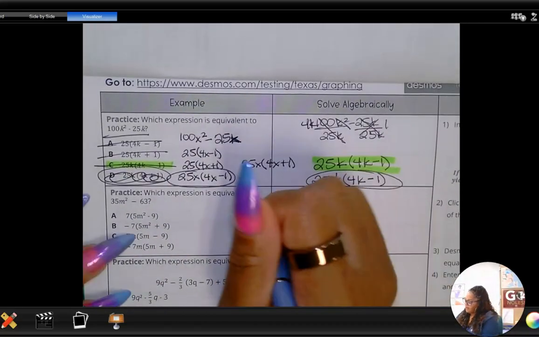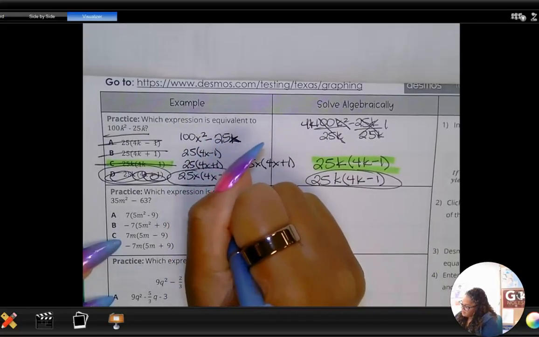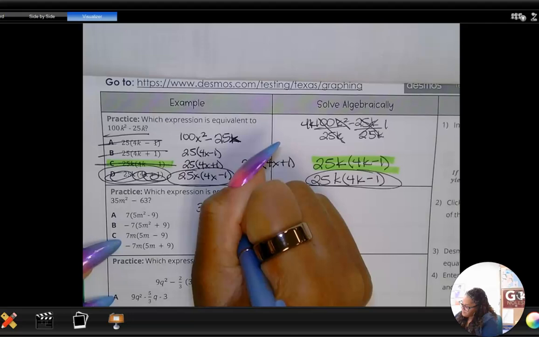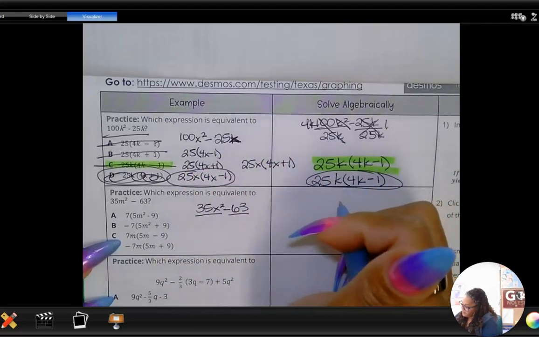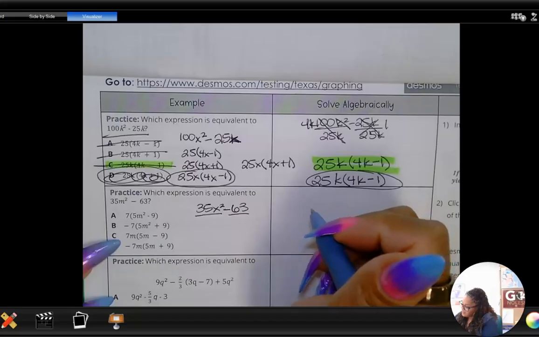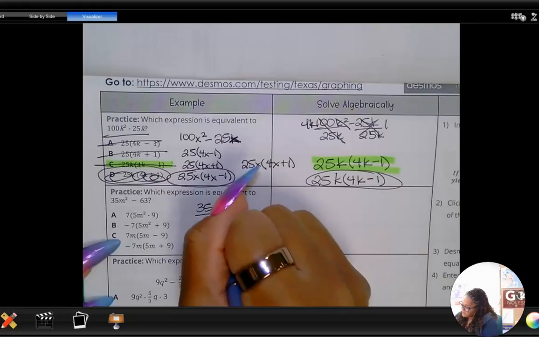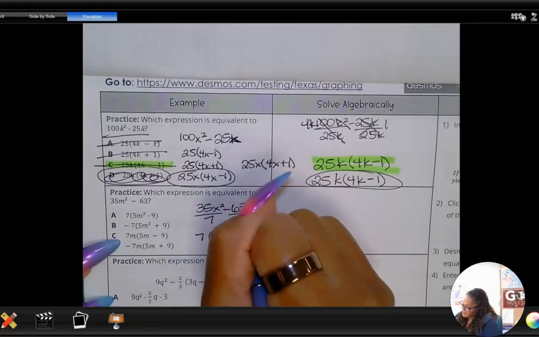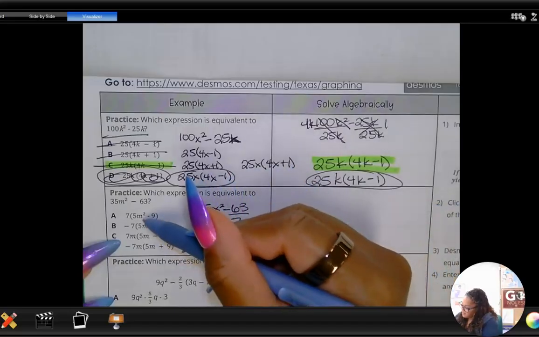All right, 35m squared, so this is 35x squared minus 63. I can divide both of these by, let's say, 7. I can have 7 times (5x squared minus 9), because 63 divided by 7 is 9. Do I have a 5x squared?